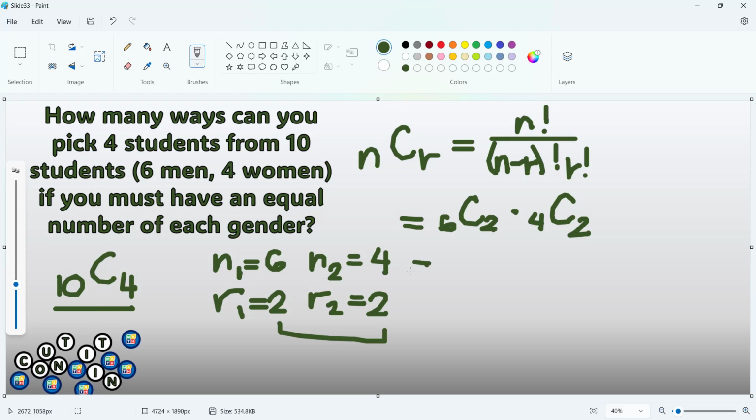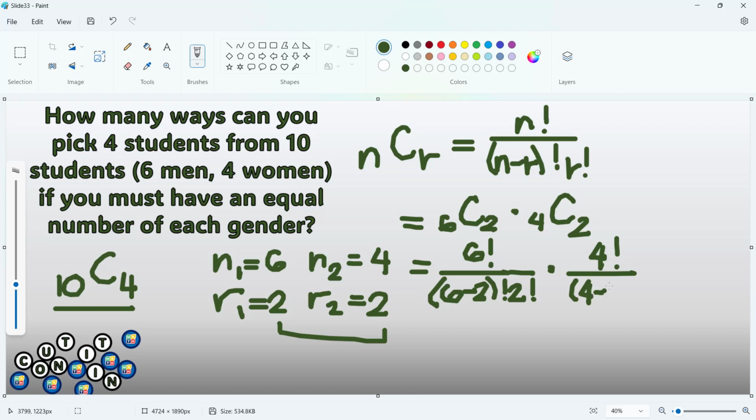So let's try to come up with a notation for each. You have 6 factorial over 6 minus 2 factorial times 2 factorial. That's for your first combination for men. For women, you have times 4 factorial over 4 minus 2 factorial times 2 factorial.